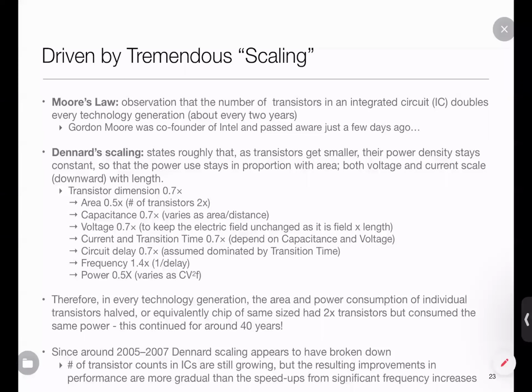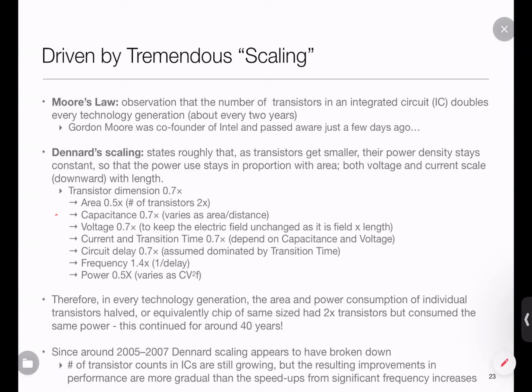Then capacitance, those of you who still remember your high school physics, depends on area and the distance between the plates of a capacitor. So capacitance changes as the length. And since area is getting halved, that means length is getting 0.7, right? 0.7 times 0.7 is 0.49. So that's roughly half the area. So capacitance is shrinking to 0.7.